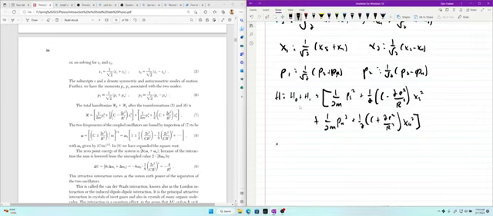Epsilon and sigma are the new parameters. So 4 epsilon sigma to the 6 is defined as A, and 4 epsilon sigma to the 12 is defined as B.